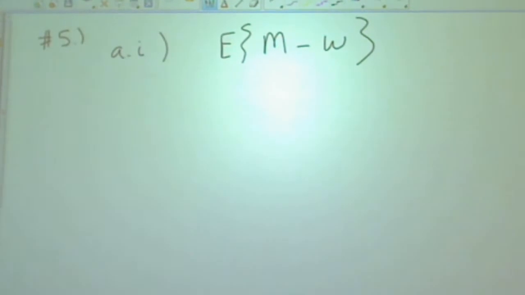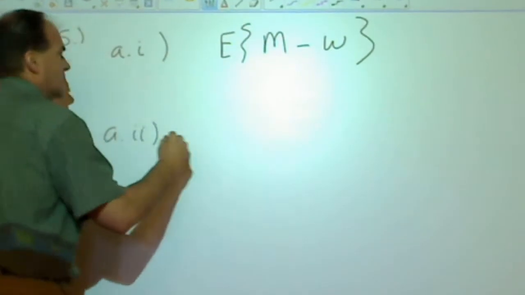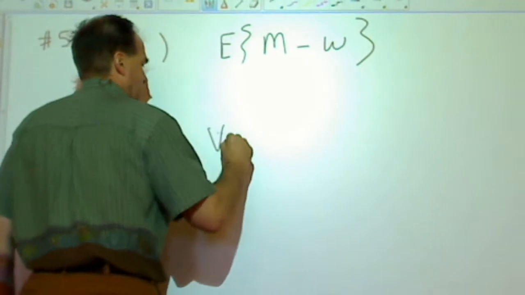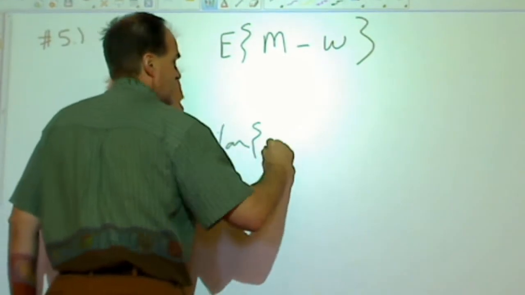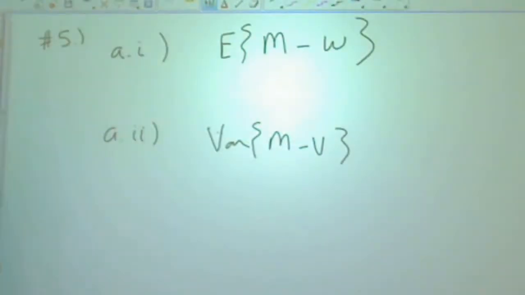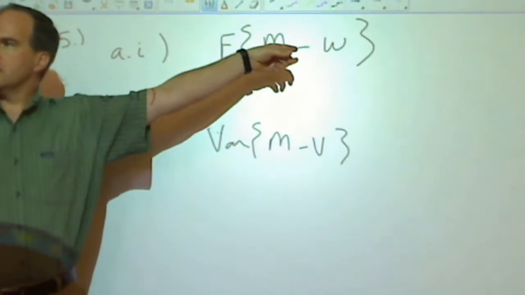And then A.II is the standard deviation. We would probably start with the variance and then eventually take the square root to get the standard deviation. Subtracting two random variables, and I want the average.